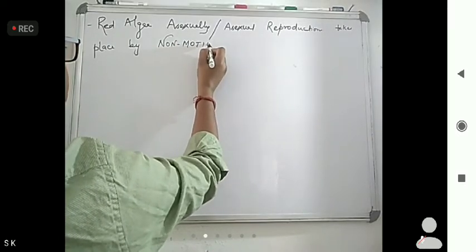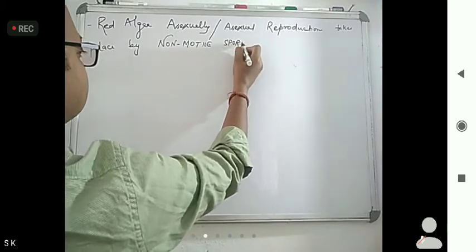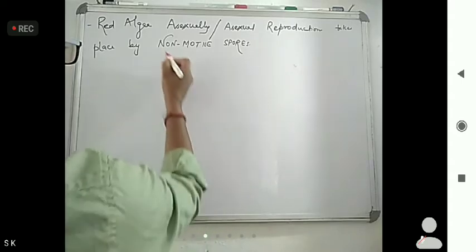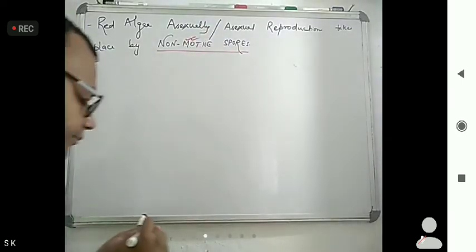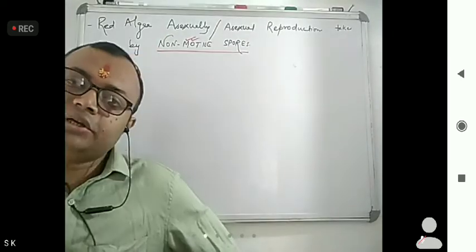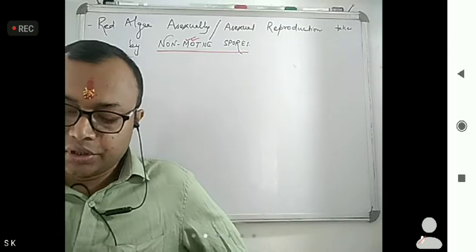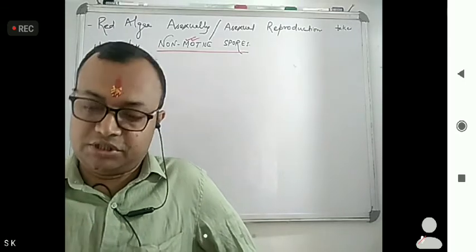Non-motile spores. Okay, so asexual reproduction in red algae takes place by non-motile spores.